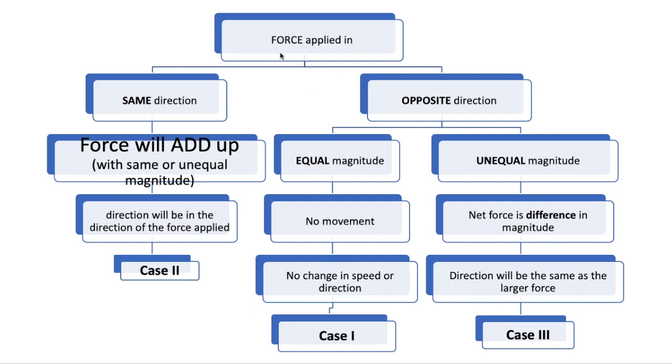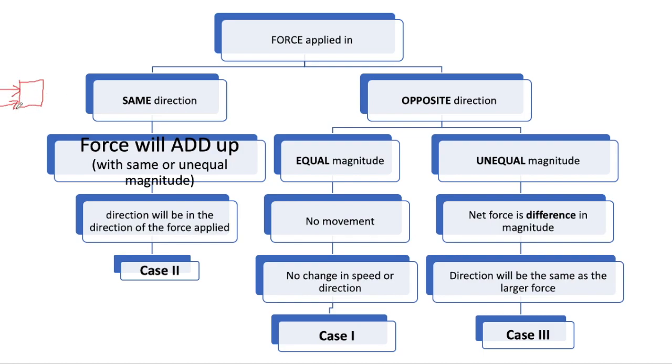Here, the force applied on the object can happen in two ways, that is in the same direction or in the opposite direction. In the same direction, as we just discussed, we have the object, and the forces are applied in the same direction like this.